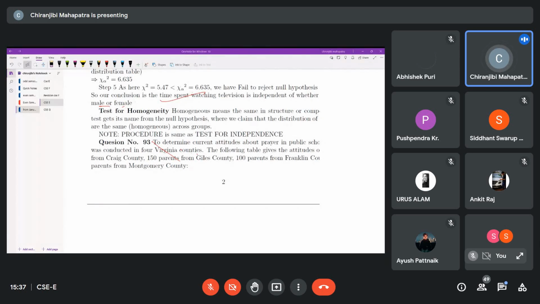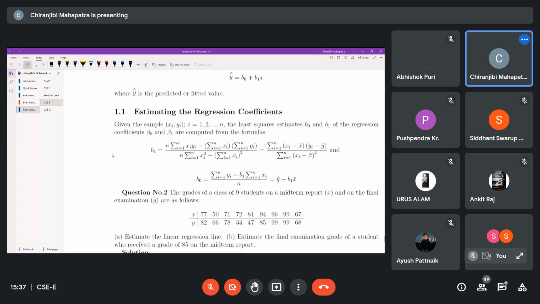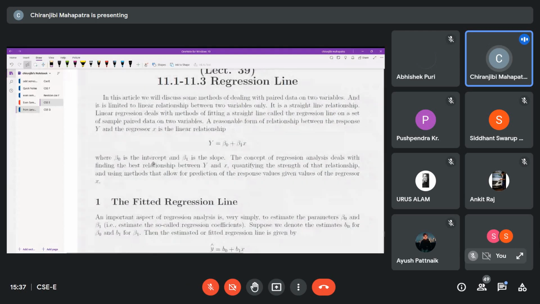So linear regression, in linear regression, what we used to do is we are getting a model. Okay, so we are getting a model here. What kind of model? One statistical model it is.